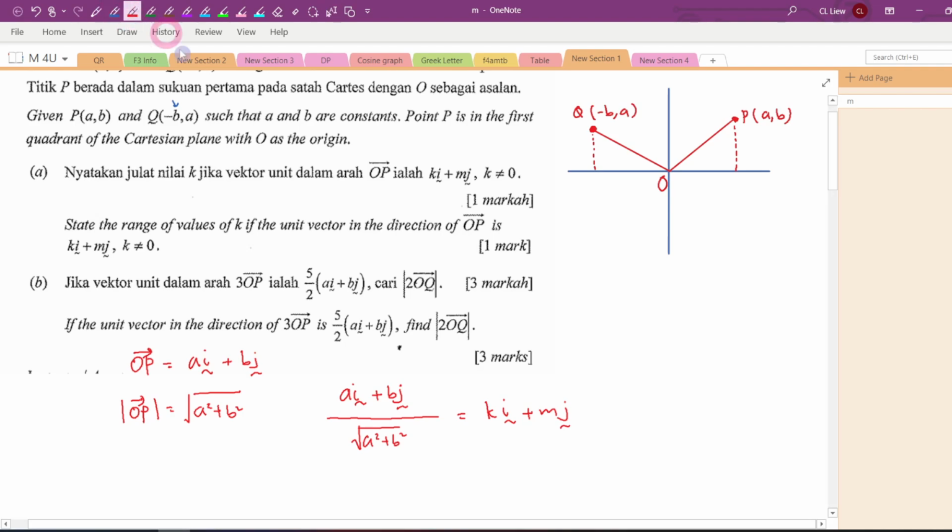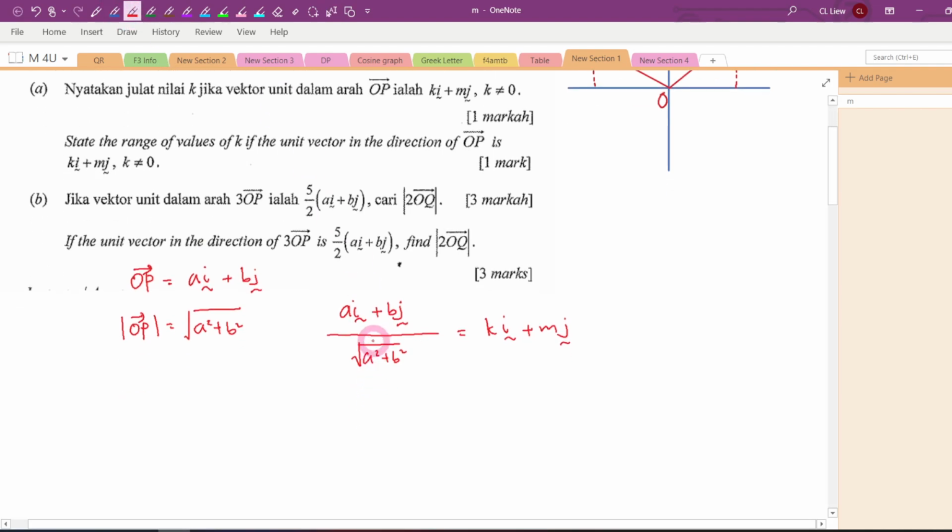Now let me change the way of writing this so that it is easier for you to compare both sides. a divided by the square root of a squared plus b squared is the i component, and b divided by the square root of a squared plus b squared is the j component, equal to ki plus mj.